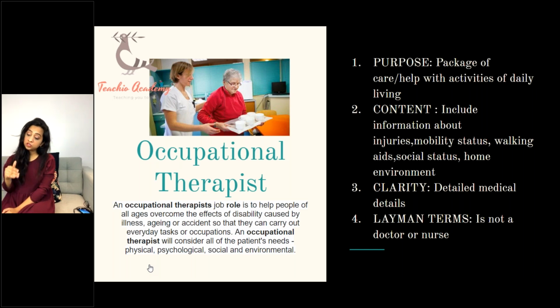So before discharging this patient, we might get her seen by an occupational therapist who's basically going to be arranging a package of care. They might help arrange carers, or they might arrange simple things at home.